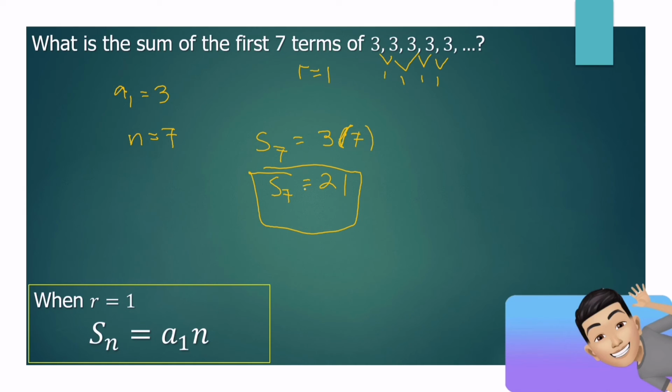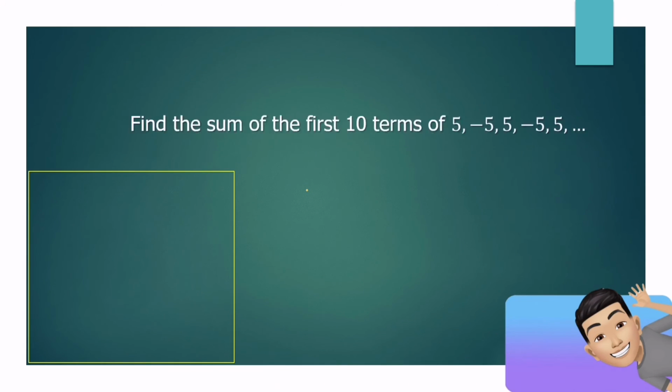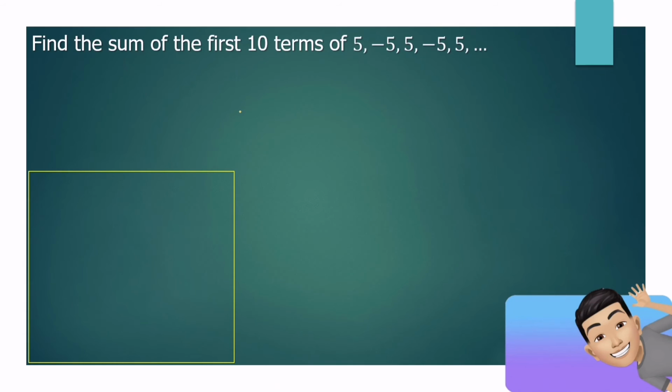Okay? So, next. How about this? Find the sum of the first 10 terms of 5, negative 5, 5, negative 5, 5. Okay. So, kung mapapansin nyo, ang magiging common ratio na ay negative 1.